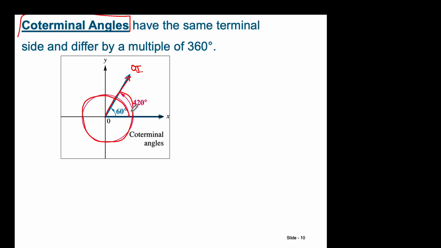So with this directional arrow, we know that we've got one full rotation, that would be 360 degrees. But for it to terminate at the same location, we would have to go an additional 60 degrees. So 360 plus that 60 degrees is how we get the measure of a coterminal angle, which is 420 degrees.